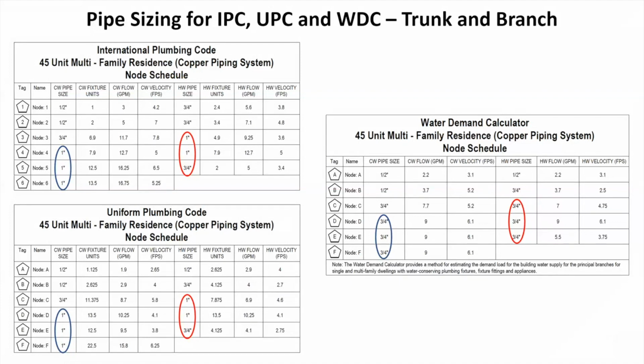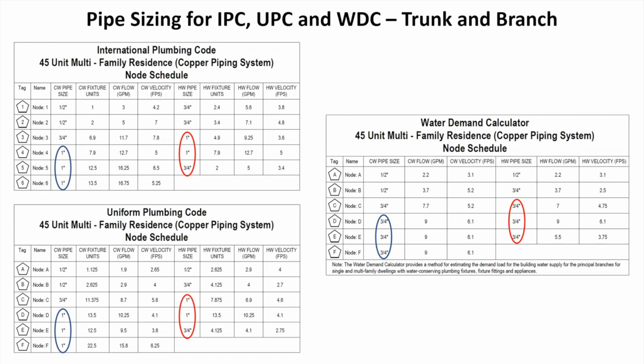So a few comparisons, pulling out from the Stantec report and looking at the largest diameter pipe in each of the calculations they provided for the 45 unit apartment building. The International Plumbing Code in the apartment came up with 1 inch pipe. So did the Uniform Plumbing Code.